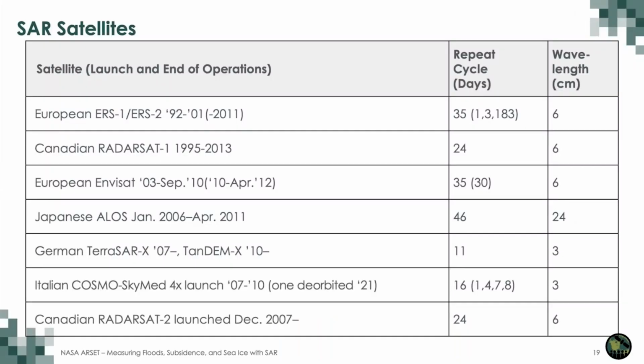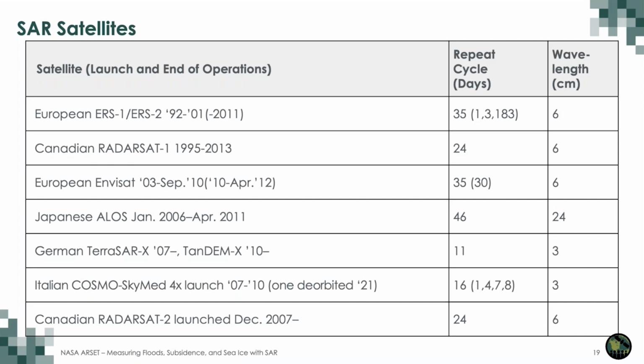These are some tables about the satellites that are available for doing SAR interferometry. These are the satellites that have been around for a while, but are largely now not in operation.